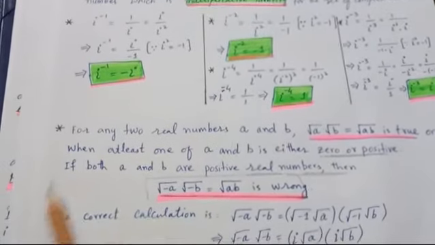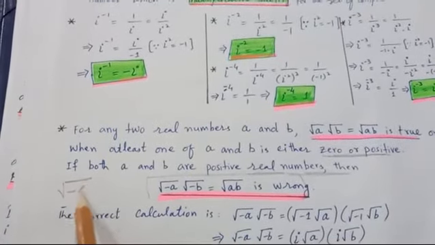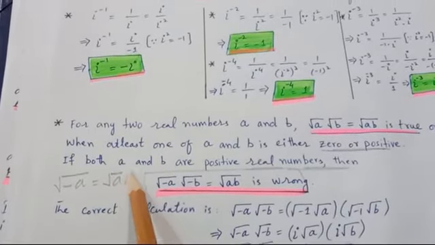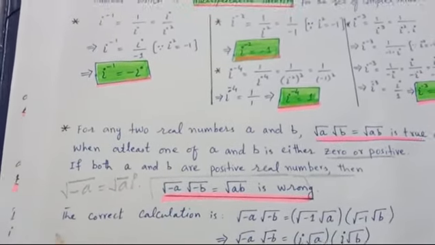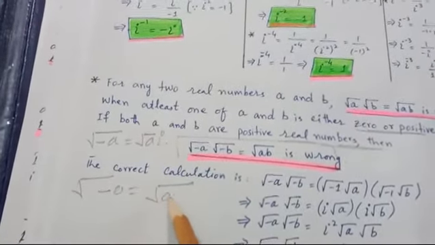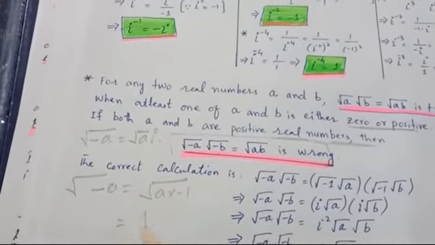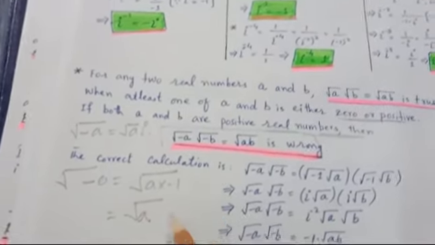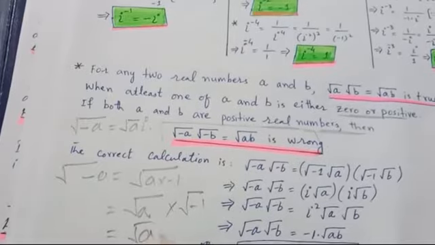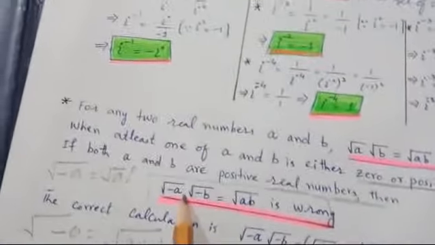This is not true, because you know that square root of minus a is actually equal to square root of a multiplied by iota, because the square root of minus a can be written as square root of a multiplied by minus 1, so this is square root of a times square root of minus 1, which is iota. So this thing is not equal to this.